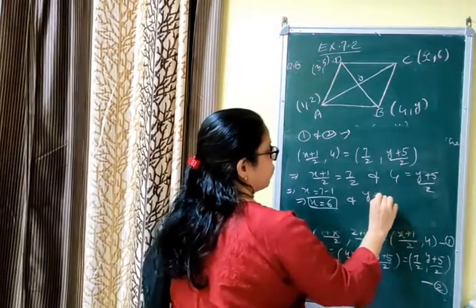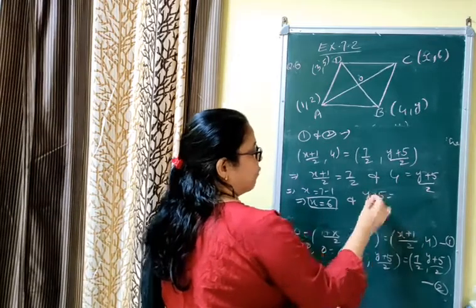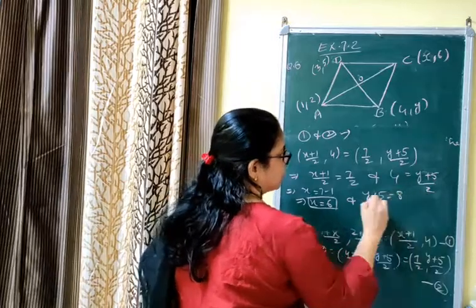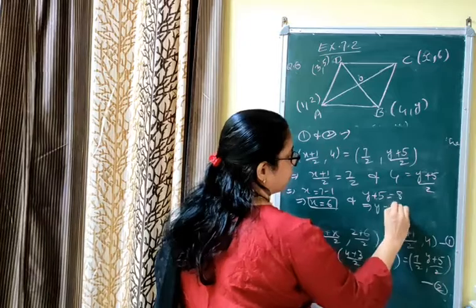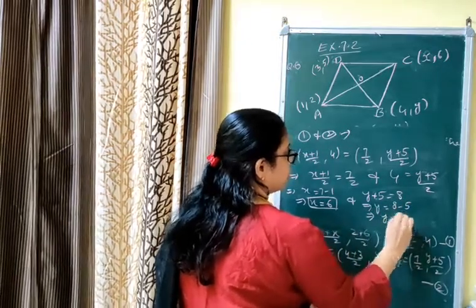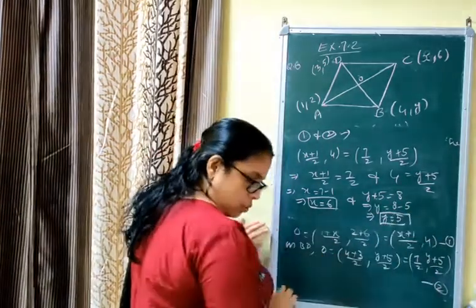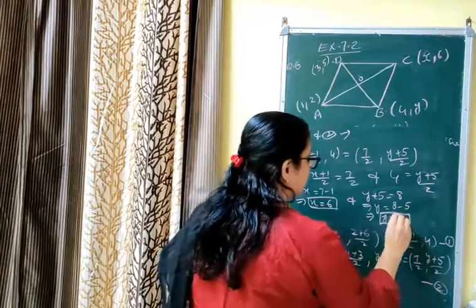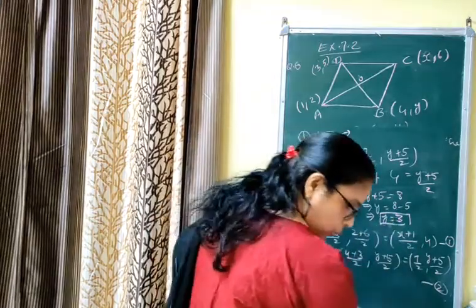By cross multiplication, सबसे पहले वेरिएबल को लेफ्ट में लिखते हैं तो y plus 5 को इधर दिया. 4 into 2 is 8, which implies y is equal to 8 minus 5, which is 3. Sorry, that is the value of x equal to 6 and value of y equal to 3.